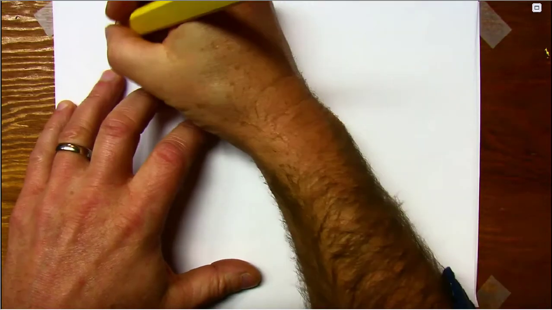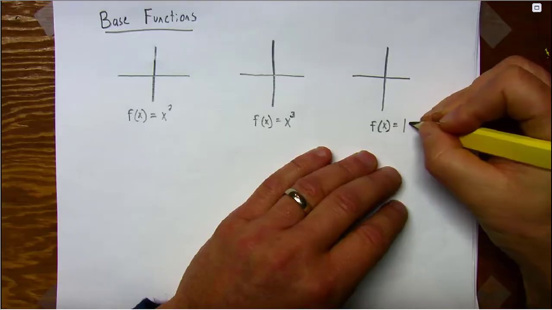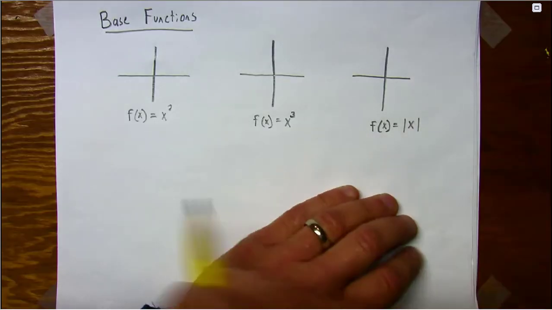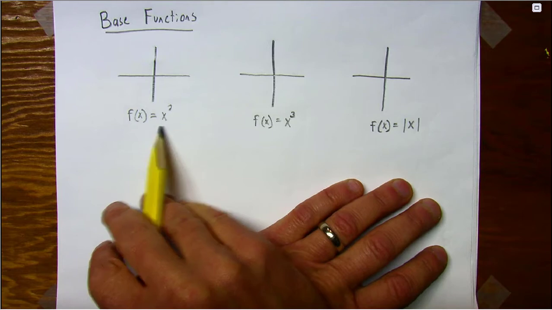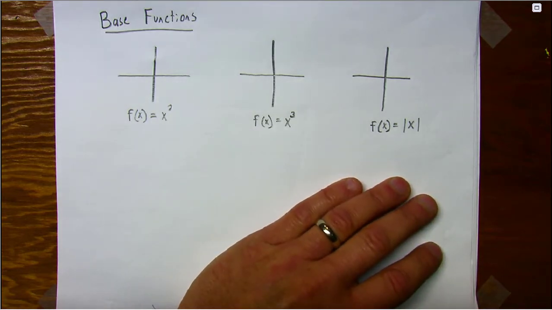Now, one of the reasons that's important is because it adds 2 new base functions to our family. So let's review what we have so far. They were the function x squared, x cubed, and absolute value of x. You should know what those look like. I'm going to give you a minute to think about each one.